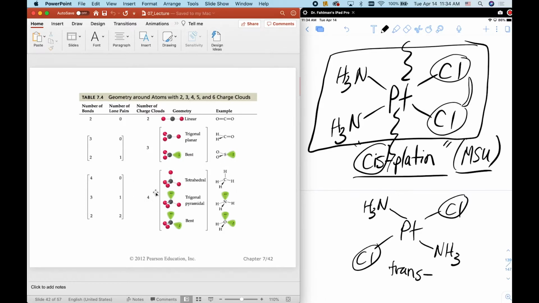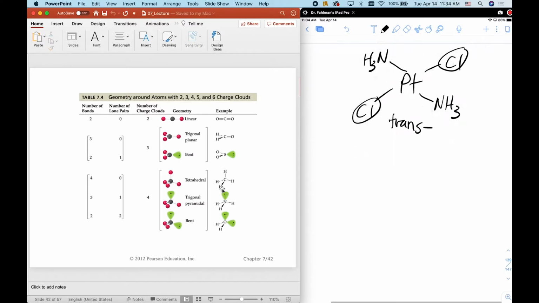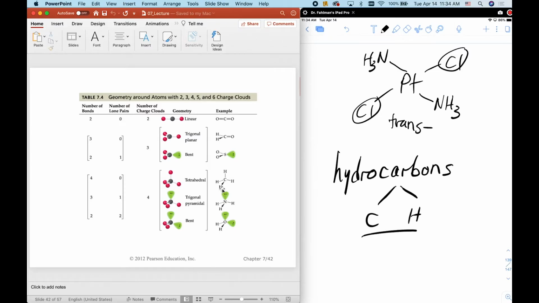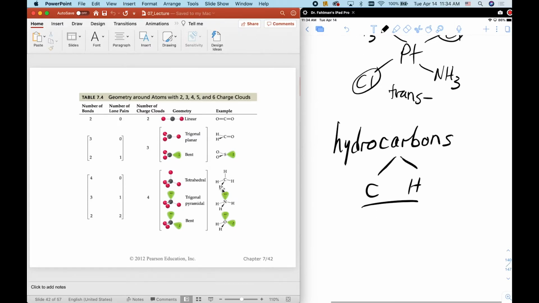And then with 4 electron pair domains, you've got the ones where no lone pairs, that's tetrahedral, and most hydrocarbons. Okay, so hydrocarbons just means that they're composed of carbon and hydrogen. So all of those, the central carbon, most of the time will be tetrahedral.